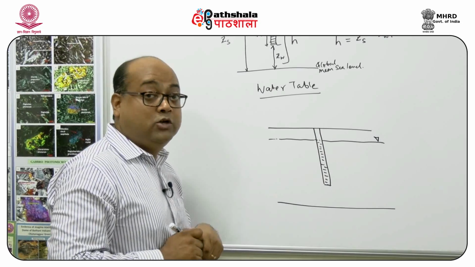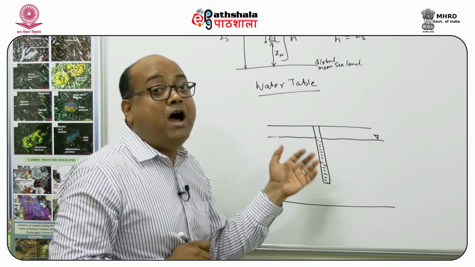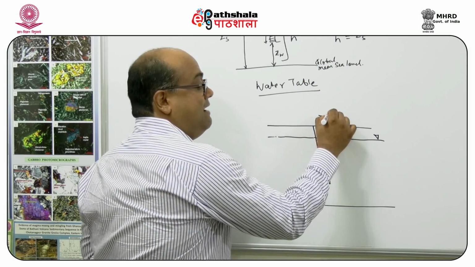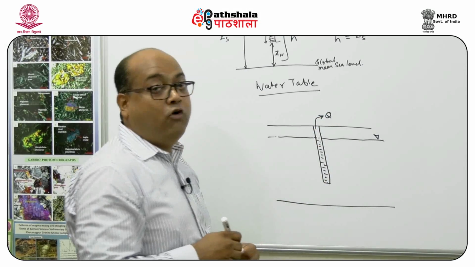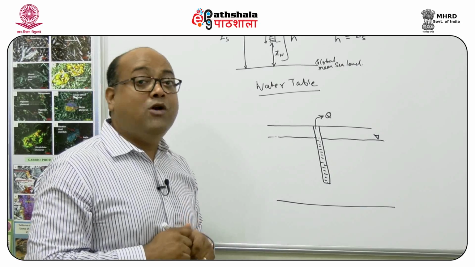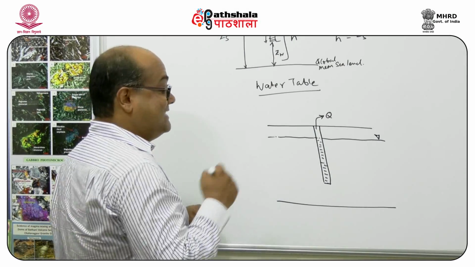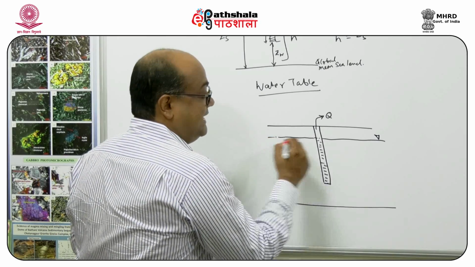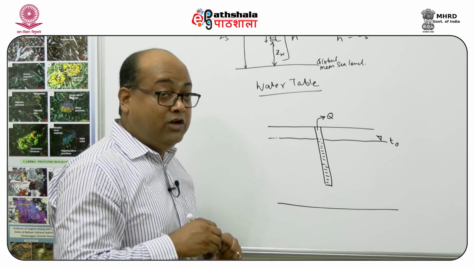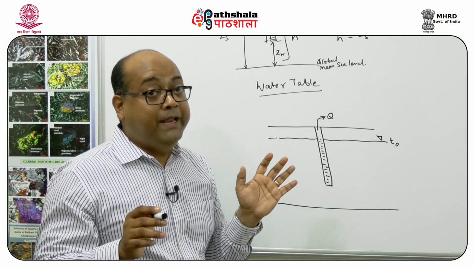Okay. Now the question is, what happens when I pump water out of it? Let's say I am pumping out some fixed volume of water Q out of this well. Then what happens to the water table? What happens is something like this. Say this is time t0, the nature of the water table when there is no pumping taking place.